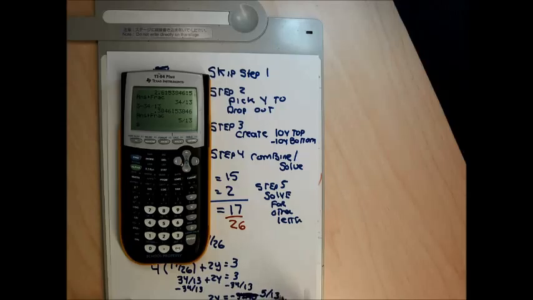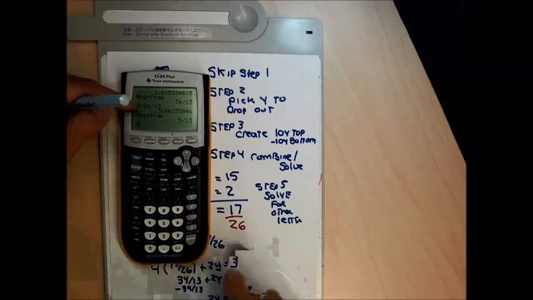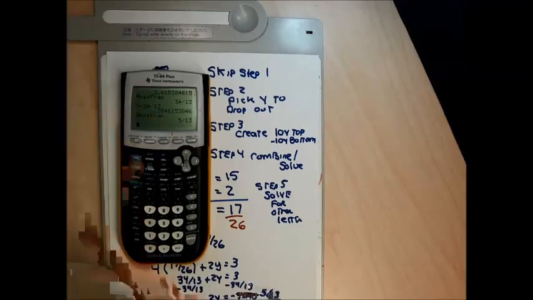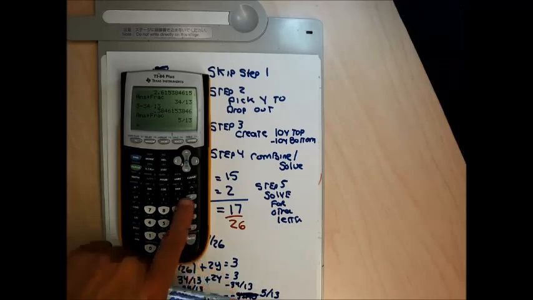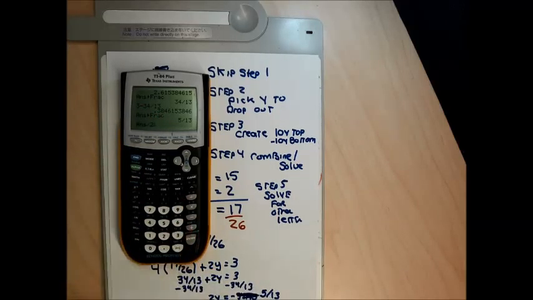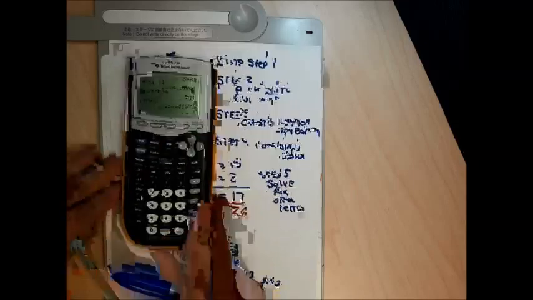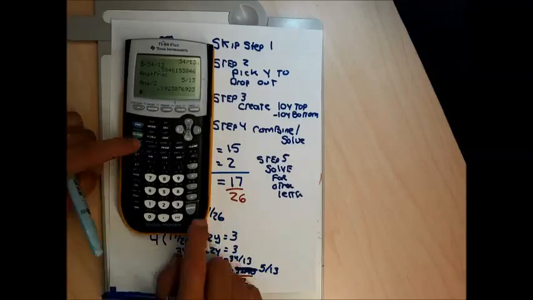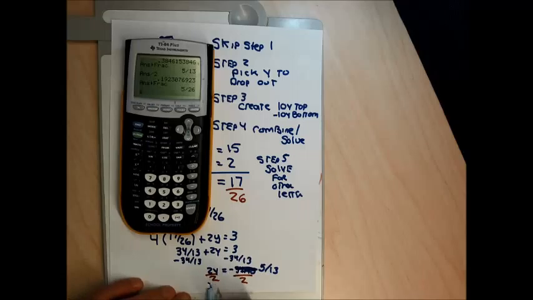Duh. I just did that subtraction. I did 3 minus 34 over 13 and got 5 over 13. Forgot to write it. Now I'm going to divide it by 2. And then math, enter, enter, and I get y equals 5 over 26.